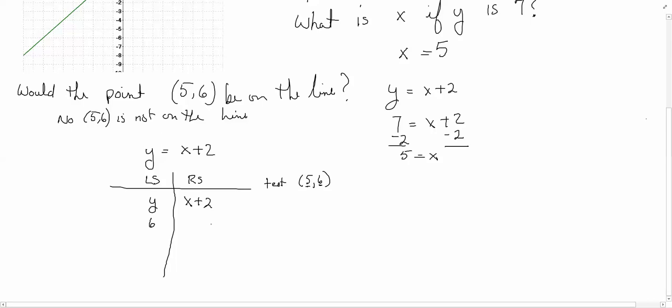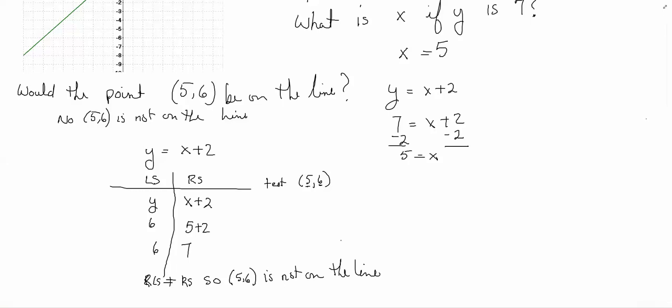I substitute the 5 in, 5 plus 2. And we can see that 5 plus 2 gives us 7. And on the left-hand side we have 6. So we say the left side does not equal the right side. So 5, 6 is not on the line. And anything that sits on the line would have the left side equaling the right side.